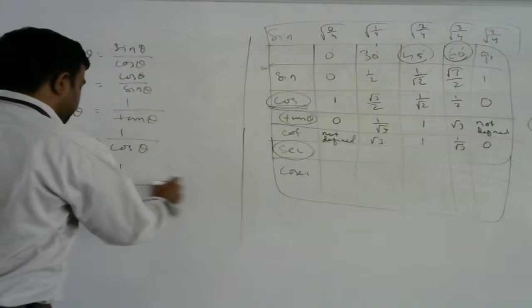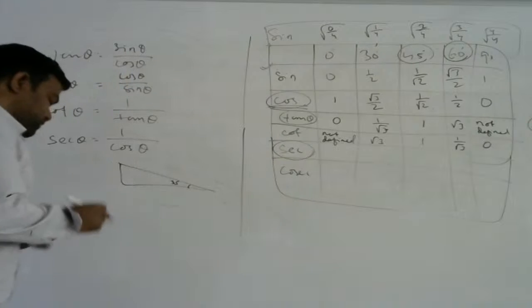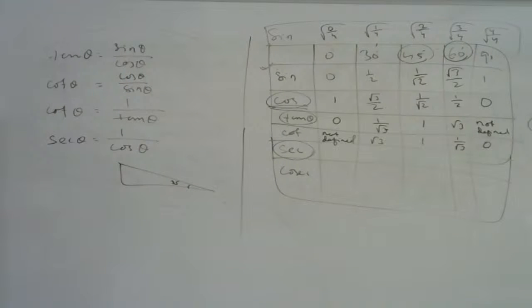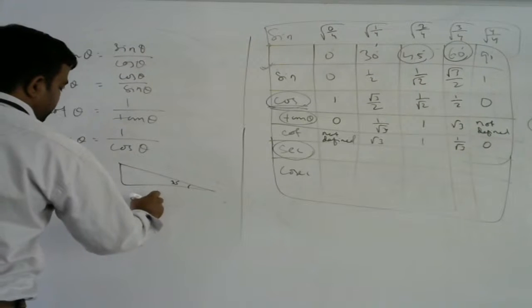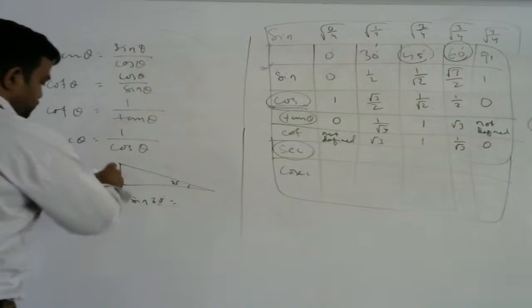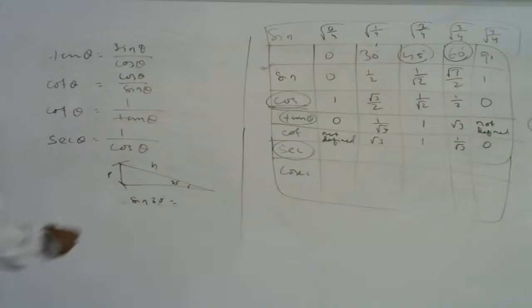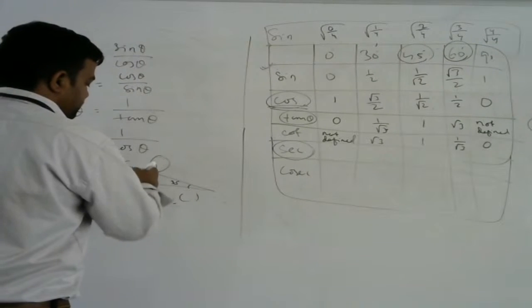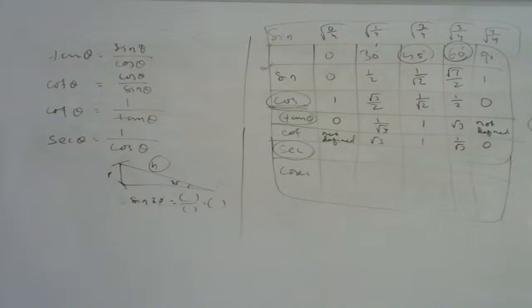You can make a right angle triangle of 35 degree. Once you make it, you can also find out the value of sin 35. How will you find it out? You know it's P by H, so measure the value of P and the value of H with your scale and you will get something, because these are nothing, just ratios.